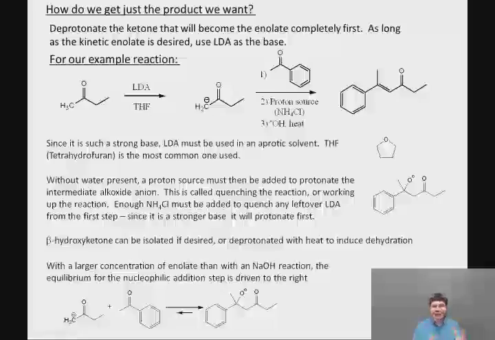So by these concentration effects, this equilibrium gets driven to the right to the conjugate base of the beta hydroxycarbonyl. Okay, so in this case, you can actually stop at the beta hydroxy ketone, and it's not going to go backwards on you, or at least it may to some small extent, but not to an appreciable extent. Or to get to the product that I've indicated, you can dehydrate.